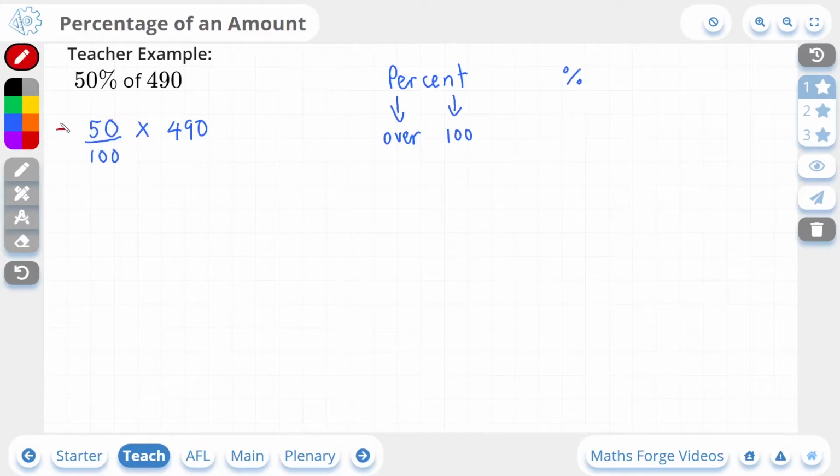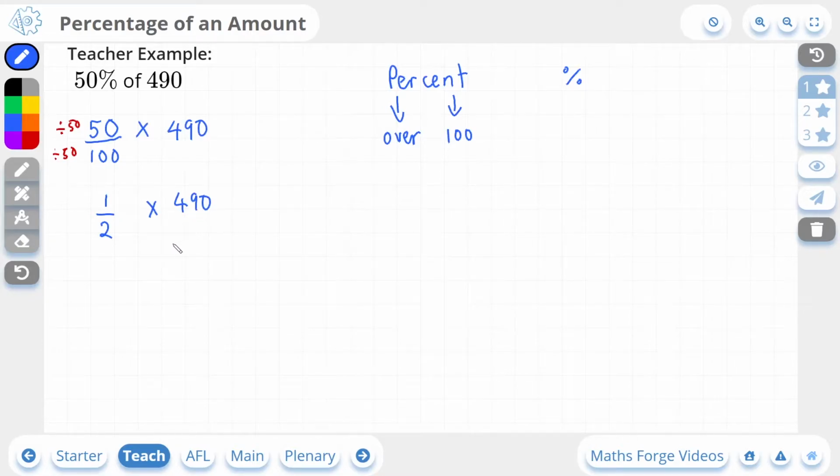If we divide the numerator by 50 and the denominator by 50, we end up with 1 over 2, so a half, times 490. So write 50% as a fraction, 50 over 100, multiply it onto the number you're finding the percentage of, in this case 490, and then simplify your fraction if possible. This will give us a half times 490, which should get us to the answer.